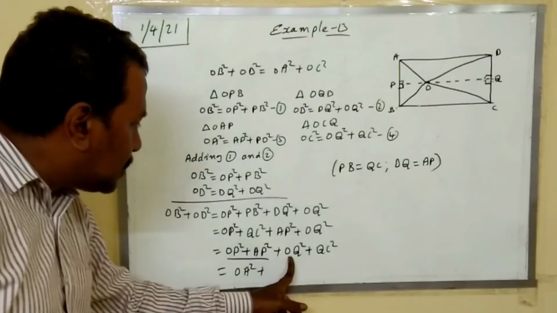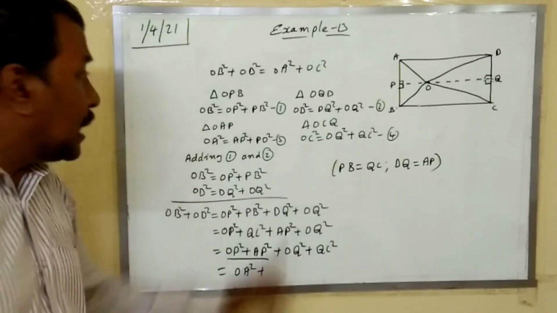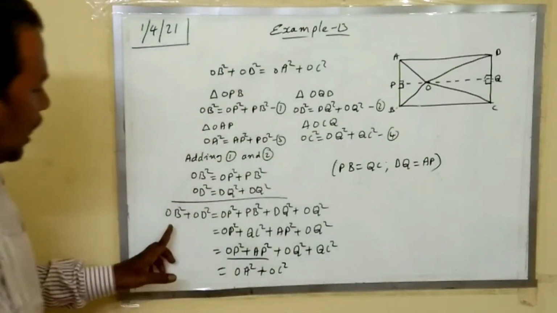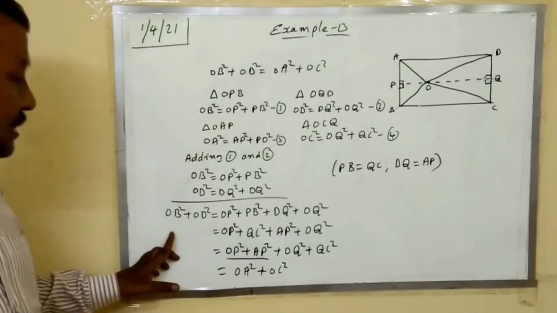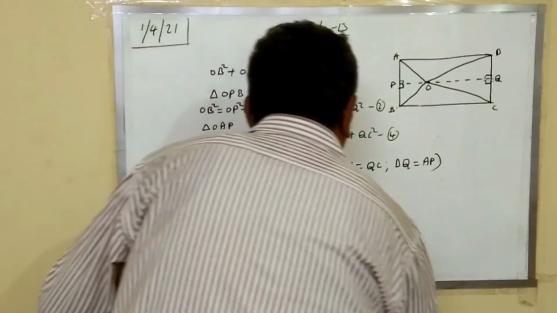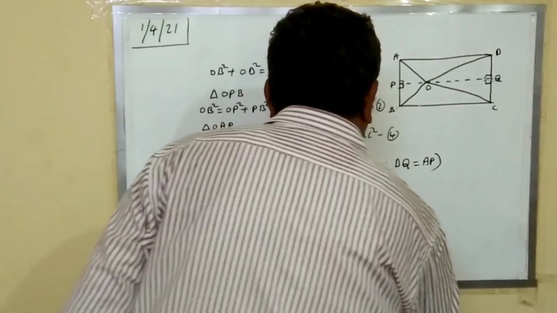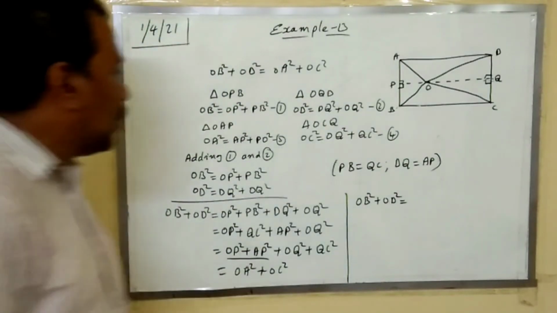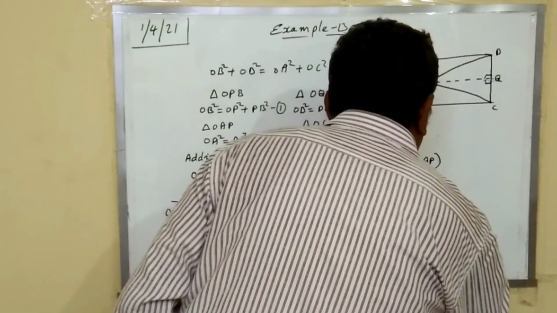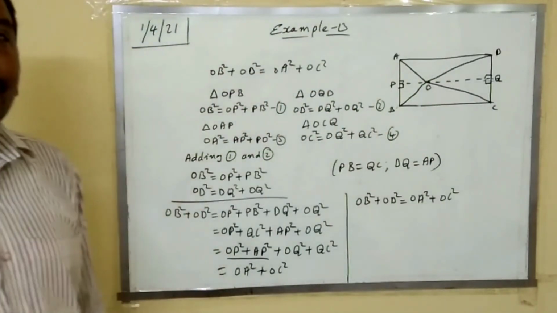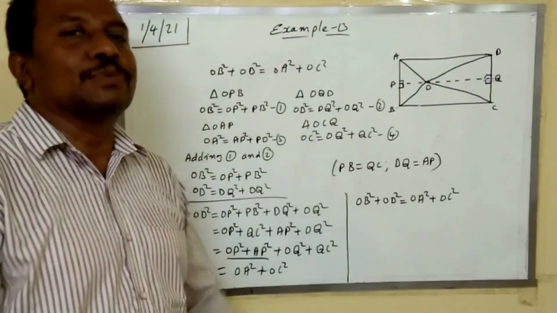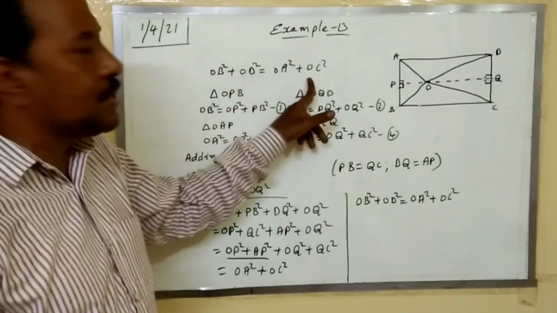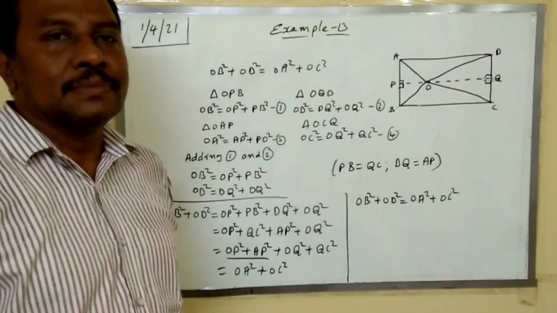So finally I got the result we require. OB square plus OD square is equal to OA square plus OC square. At last we got the result. Hence it is proved.